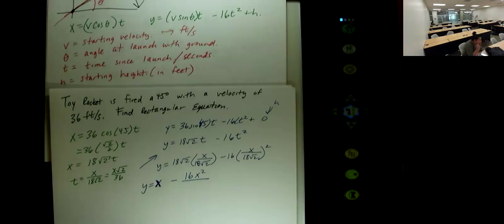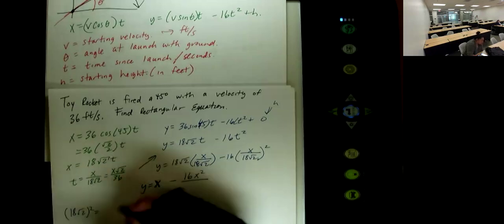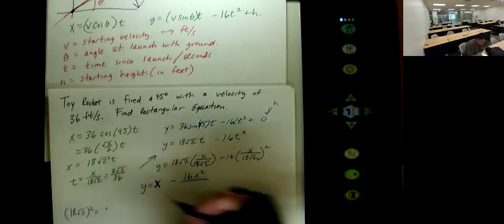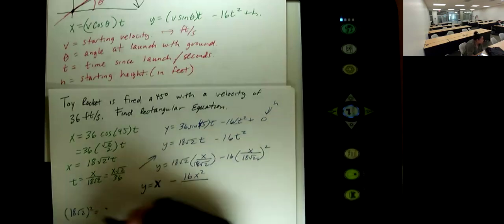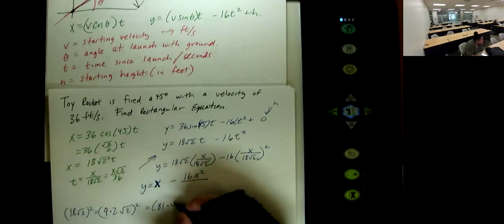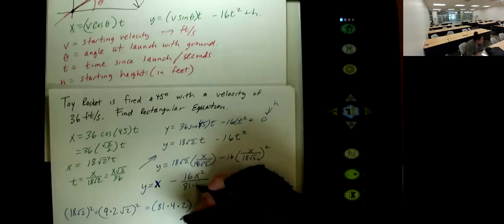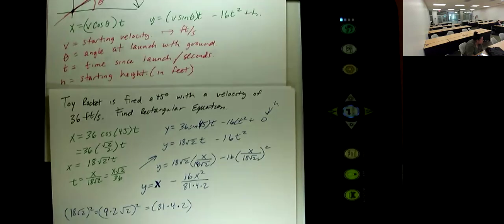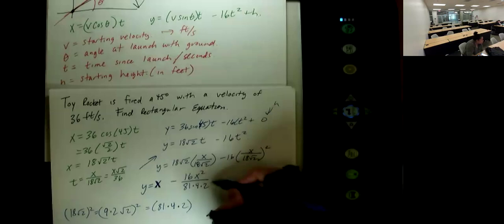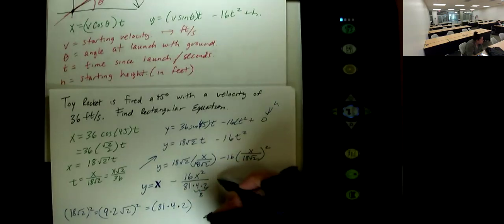I'm gonna do this as, like, 18 √2 squared. I'm gonna do this as 9 times 2 times √2 squared, which is 81 times 4 times 2. Which makes this a little easier for me to cancel out. This is 8, so 16 over 8 will give me a 2 on top.